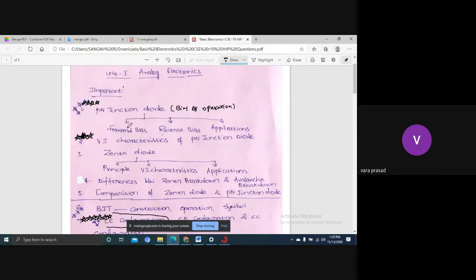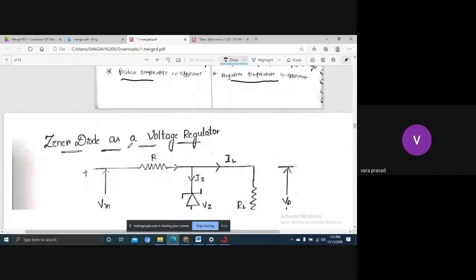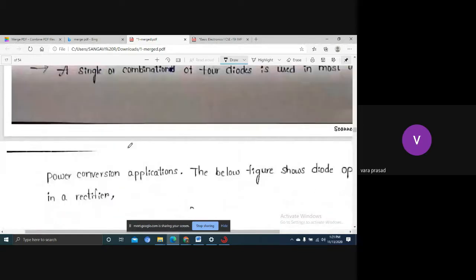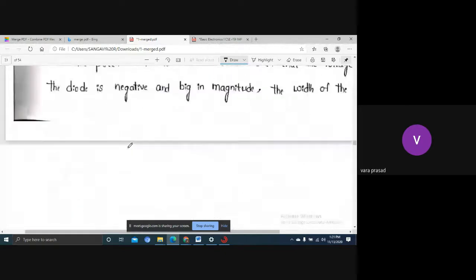PN junction diode forward bias, reverse bias and application; Zener diode VI characteristics, principle and application; differences between Zener breakdown and avalanche breakdown; and comparison of Zener diode and PN junction diode. I will explain this comparison now.